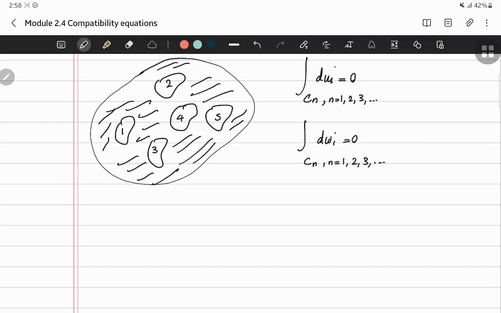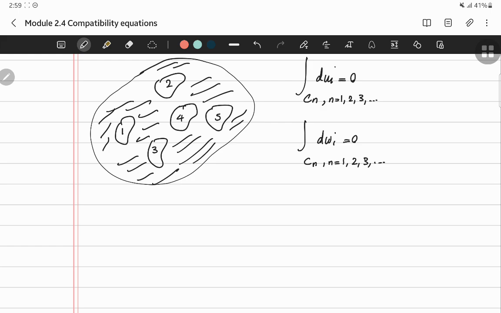And this recaps our discussion on compatibility equations. As I already mentioned, you do not need to understand all the things in here, because you will elaborate on these topics in courses like elasticity and similar courses like advanced mechanics of materials.